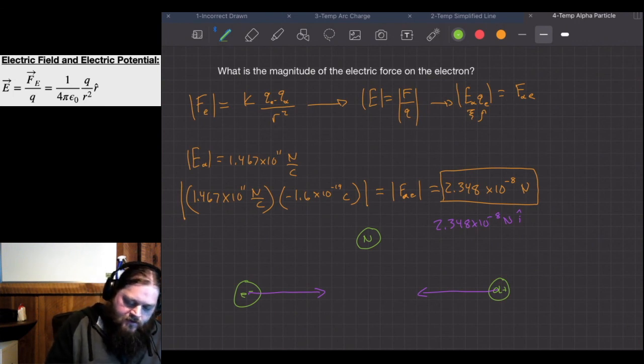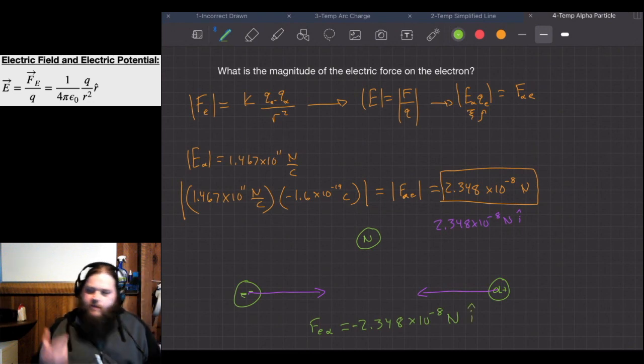So the force of the electron on the alpha particle would then be the same, 2.348 times 10 to the negative 8 newtons. And it would be negative, because we'll give it the direction I had. It's negative because it's going along the negative axis.